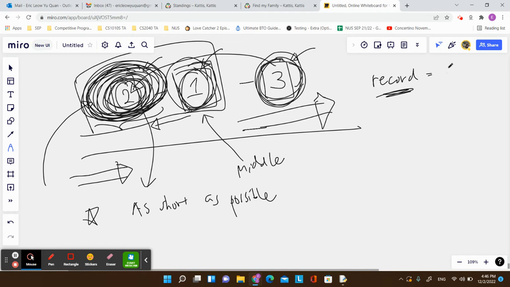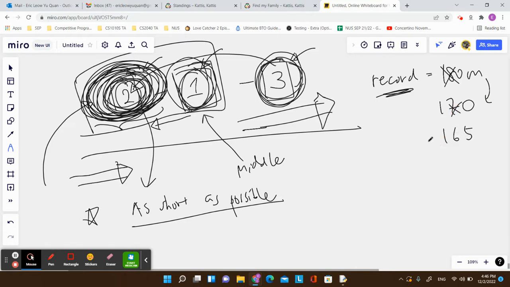For example, the record may be 180, which is quite tall. Then as I go from left to right, I find another record, maybe 170 instead, so I change it to 170. This means the record will only get smaller and smaller. It cannot get higher, because I'm trying to make this second guy as short as possible.